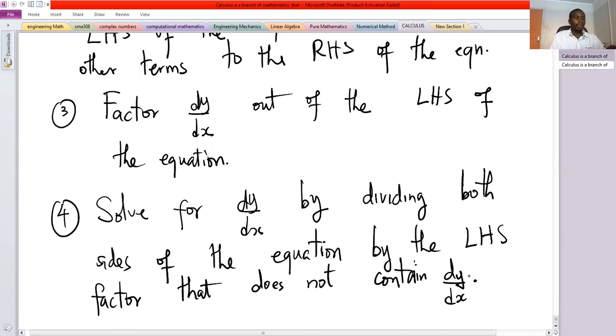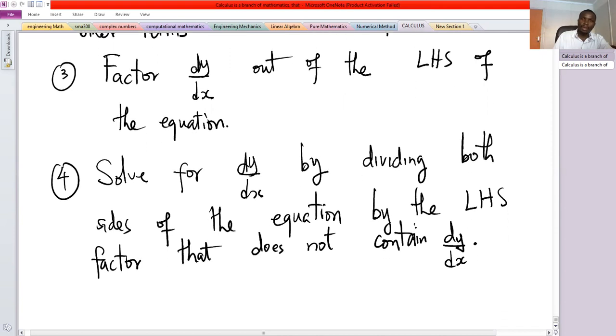So those are the steps to follow when we are carrying out implicit differentiation.